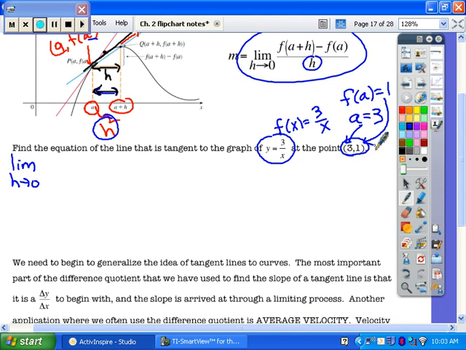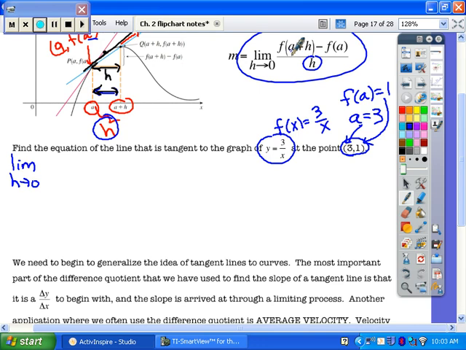There's two ways to do this. We can put in the specific numbers if we have the point, or we can do it in general, okay? And I want to show you the general way because sometimes they don't give you the point at all. They just want you to write what is going to be the equation or the slope of the tangent line in general.